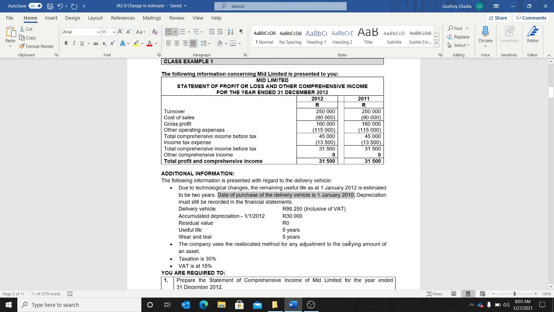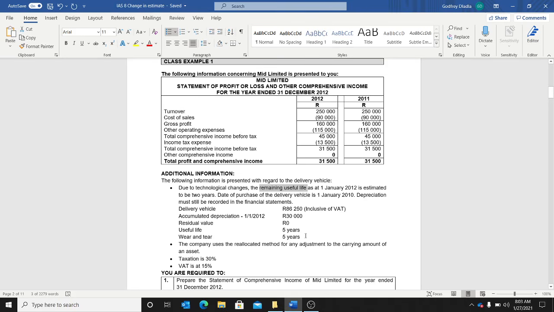If you look at this asset, it was bought in 2010. The change happened at the beginning of 2012. Please be careful: they're not saying the total, they're saying remaining. There is a difference when they say total.